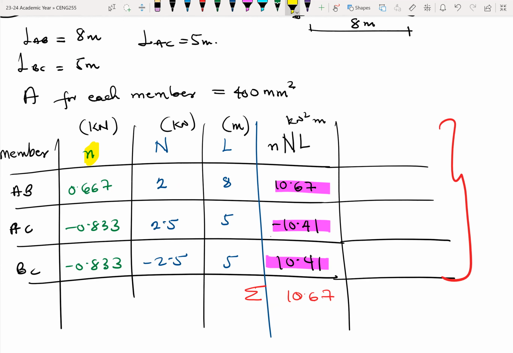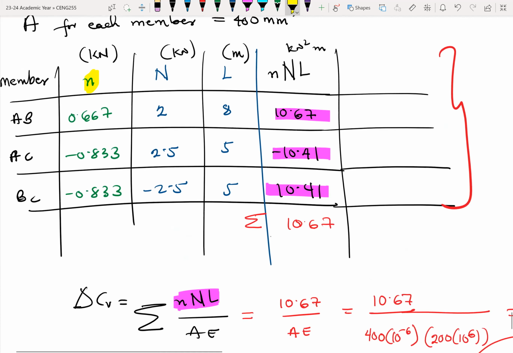Here, the area of each member is the same throughout, so I did not bring it as part of the table. If the areas of the members are different, you would want to also tabulate that information. Okay. So what do I do? I multiply small n by big N by L, and I have this information in the table as well, right? So when I'm done, I sum all of that.